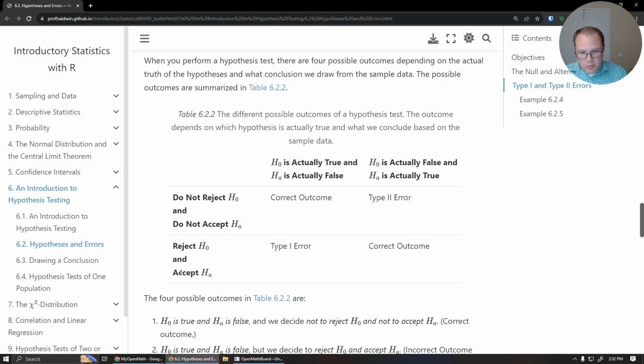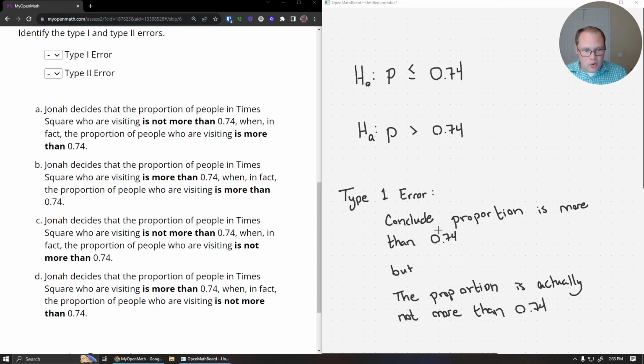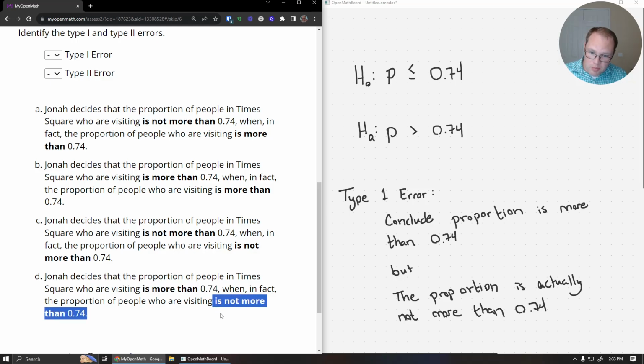And in a type 1 error, we decide to accept the alternative when it is actually false. Okay? And so that's what I'm writing here. And notice that that is exactly part D. We conclude that the proportion is more than 0.74 when in fact it is not more than 0.74. So the type 1 error is part D. Okay? Or is option D.